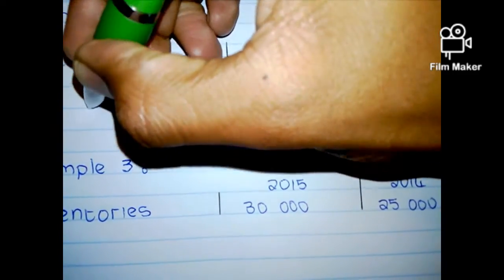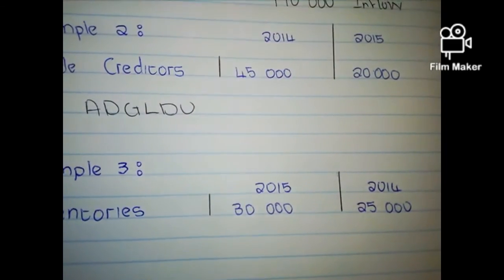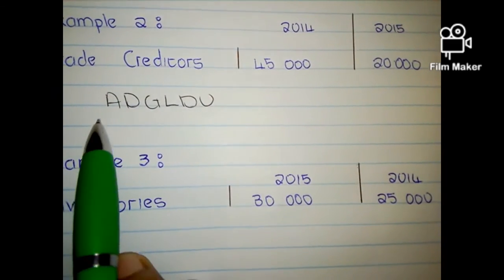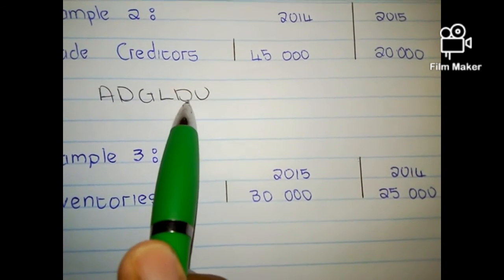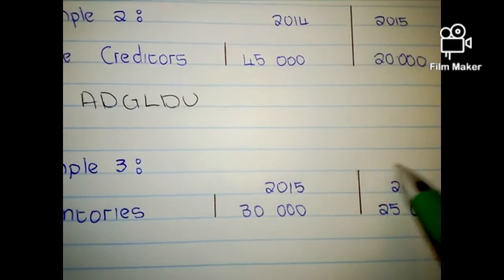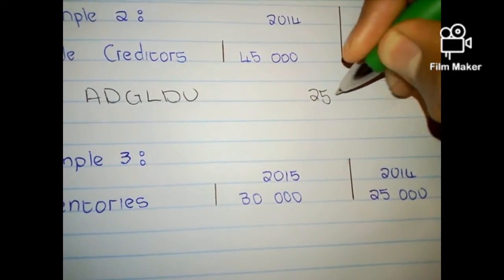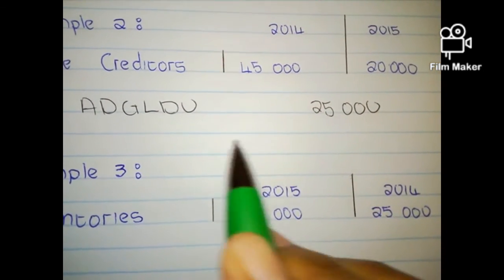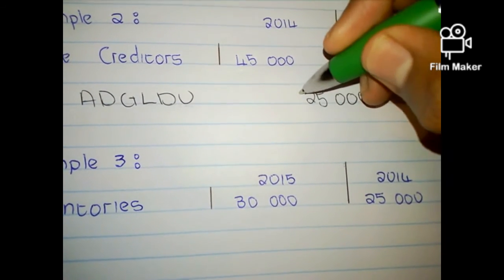Simple. Our liabilities decrease in the French method as well, which is ADLUDO. When your assets decrease, money is being received, but when your liabilities decrease, money is being paid out. The difference between these two amounts is 25,000.